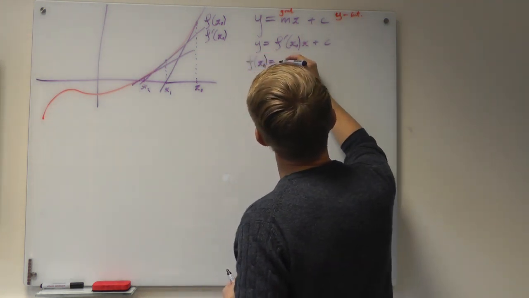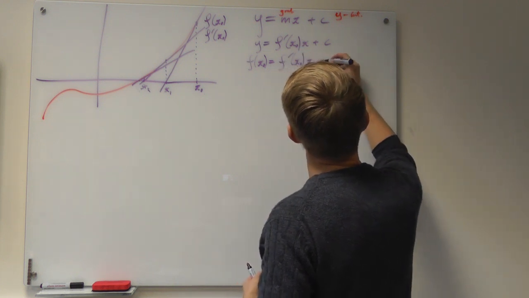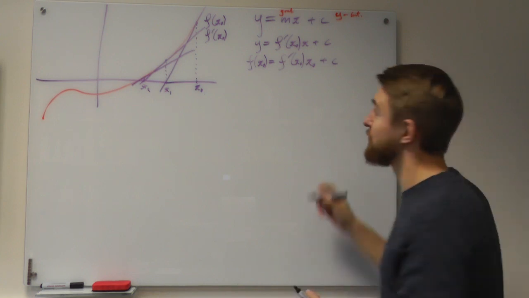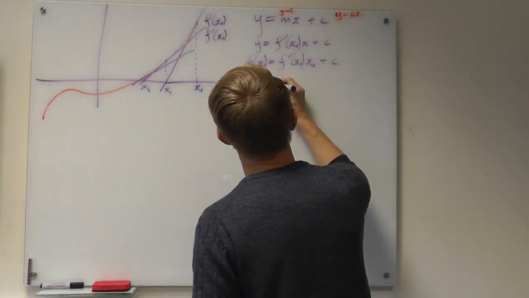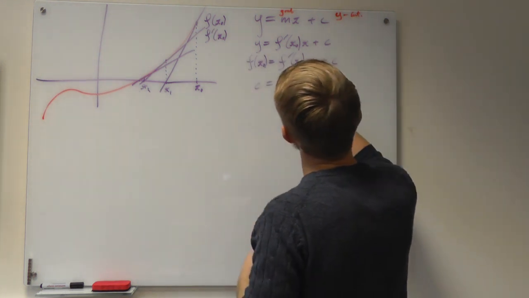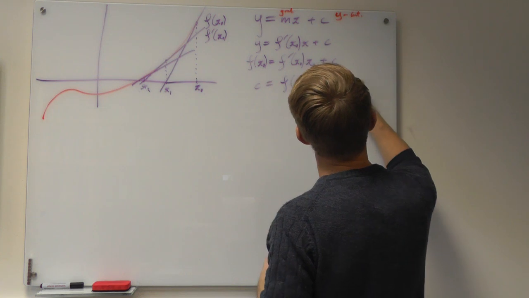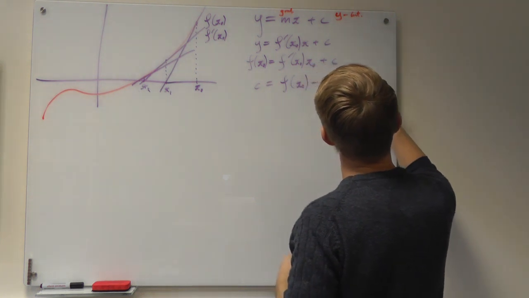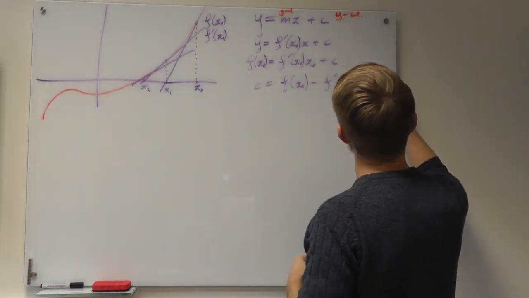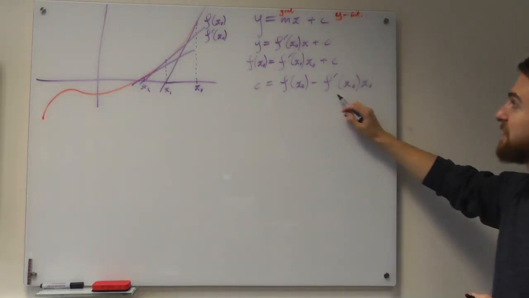f of x0 equals f prime of x0 times x0 plus c. And now we just rearrange and make it explicit for c. So c equals, I'm going to take this over here, f of x0 minus f prime of x0 times x0. Okay? So now we've got our formula for c.